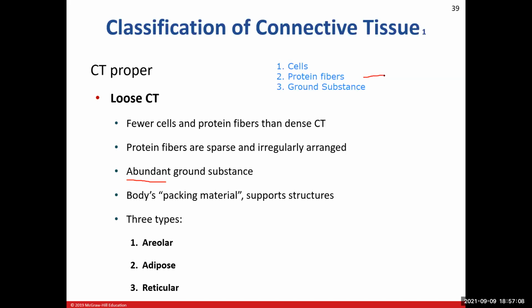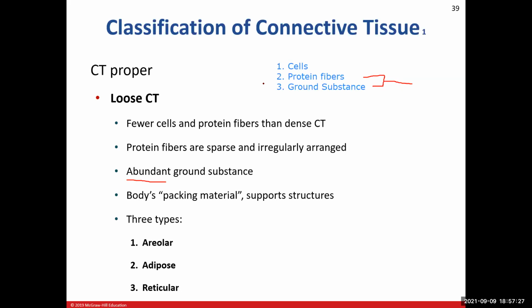And the last two, when we put them together, we call that extracellular matrix. So the protein fibers and the ground substance make up the extracellular matrix of connective tissue.